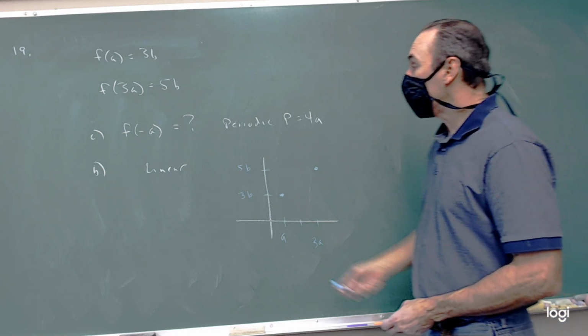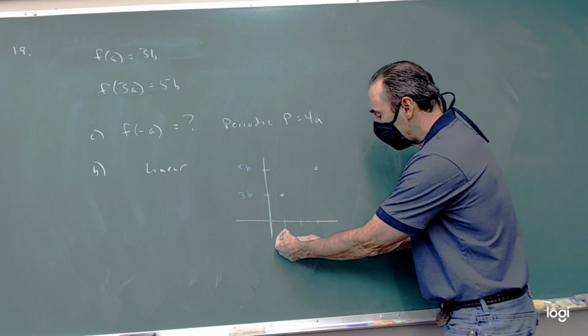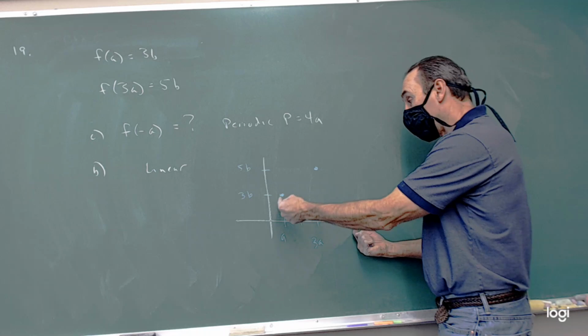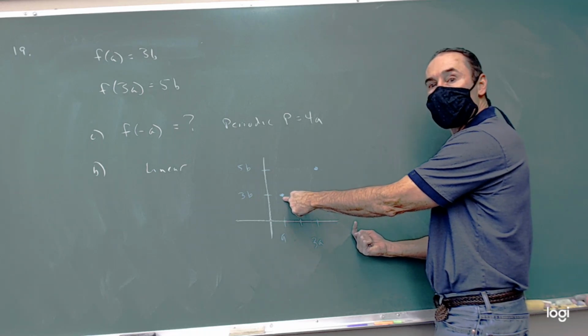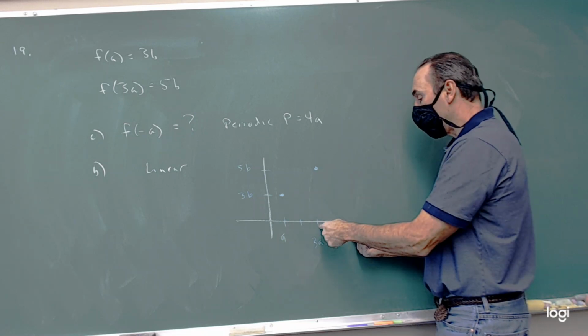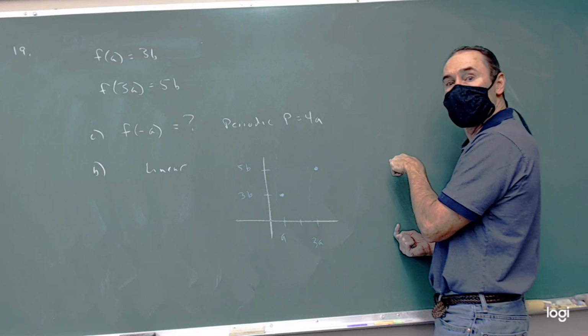But if it's periodic and the period is 4a, that means every time we go a horizontal distance of 4a, we're going to get back to the exact same y value that we got at that previous point. If we go 4a from here, we're going to be back at that same y value.